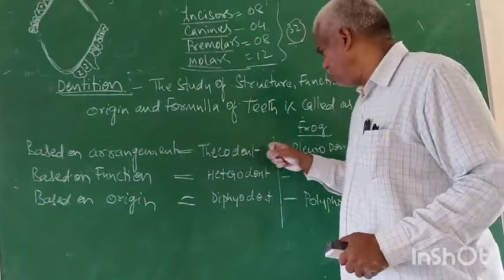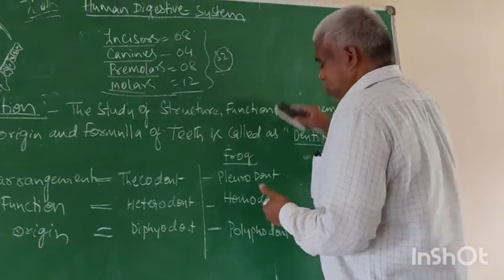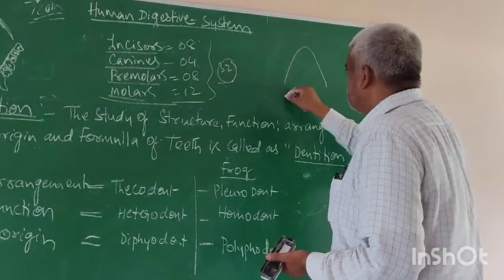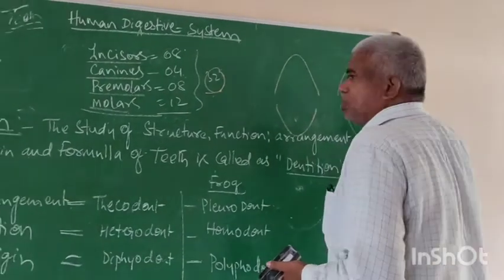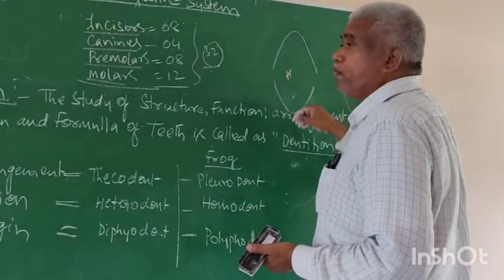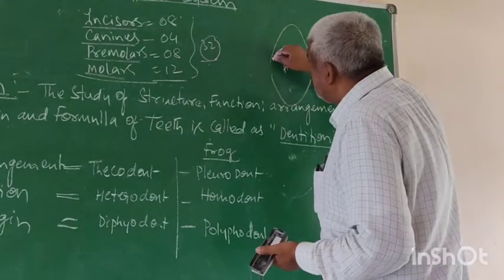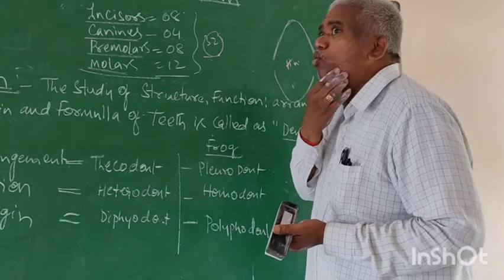What is thecodont? What is pleurodont? Suppose this is the jaw. This is also a jaw. Suppose this is a human being, the front. This jaw is made with bone.